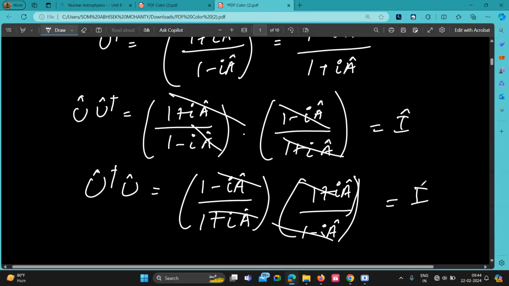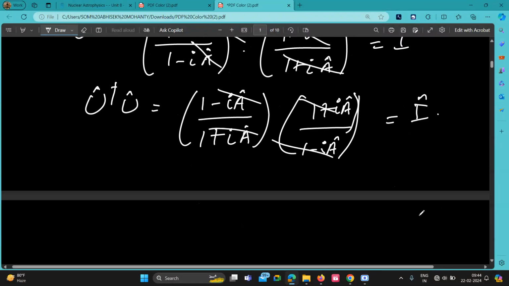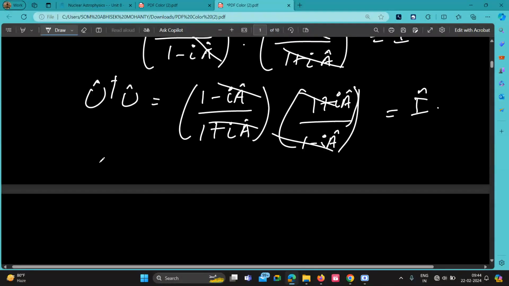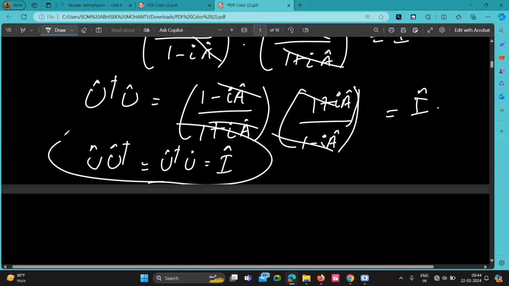That's okay. So this is a unitary operator, because we proved that U U dagger is equal to U dagger U is equal to I. Is it all right?